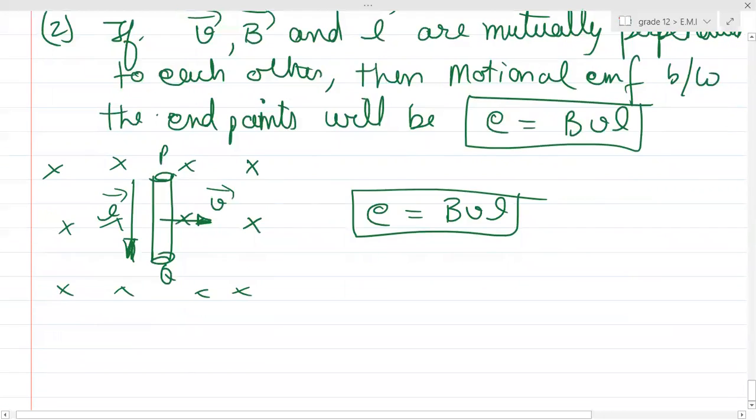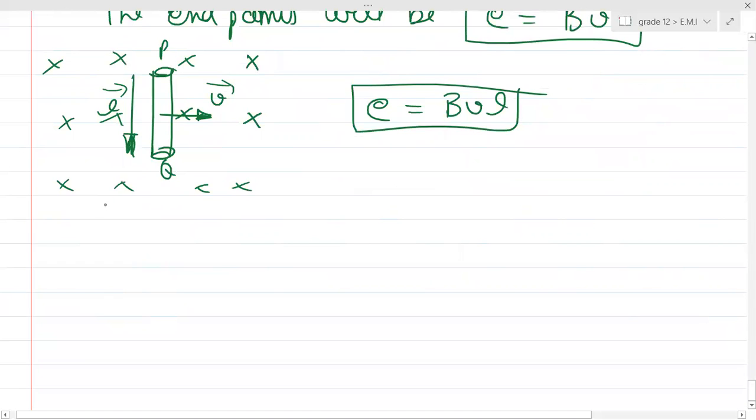Sir, what will happen if the rod is moving at a certain angle? Then, if the rod is supposed like this, and the rod is moving like this, to say this angle.